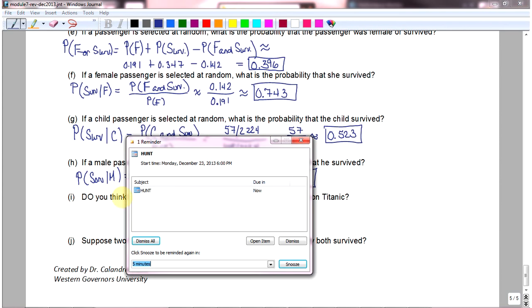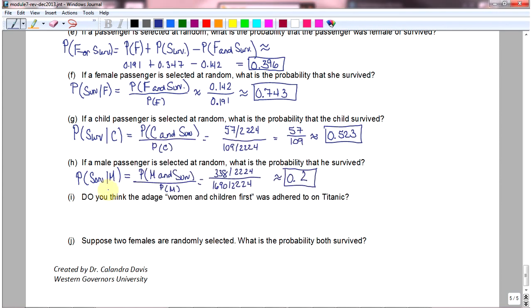Okay, for I, do you think that the adage, women and children first, was adhered to on the Titanic? Okay, well, if we look at the last three parts that we did, the probability of survival given that they were female, given that they were a child, and given that they were male, yes, it does appear to be true.